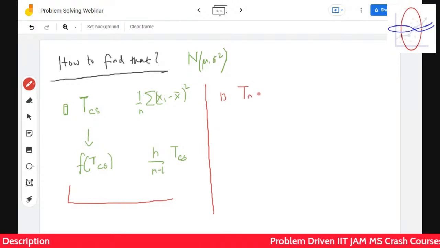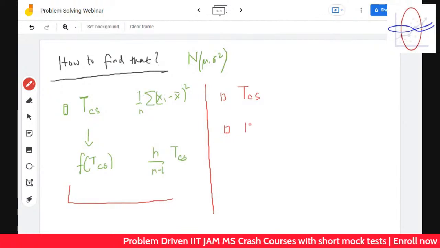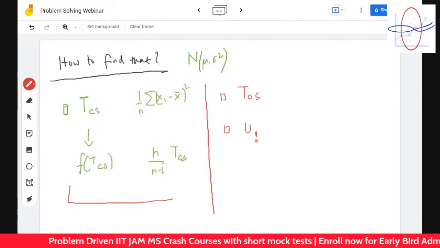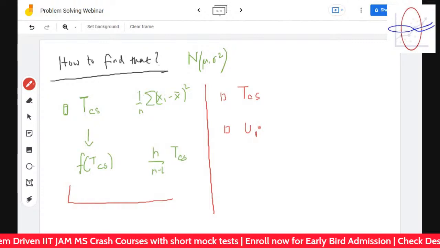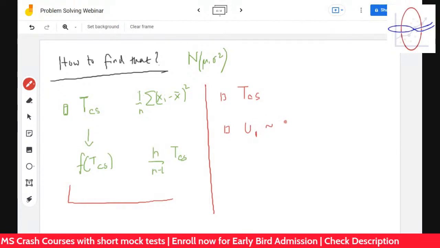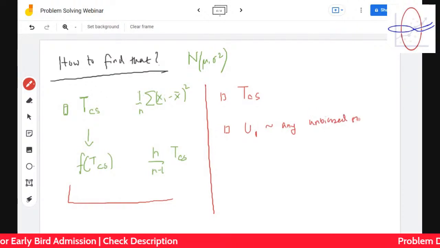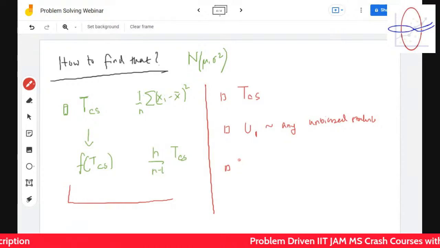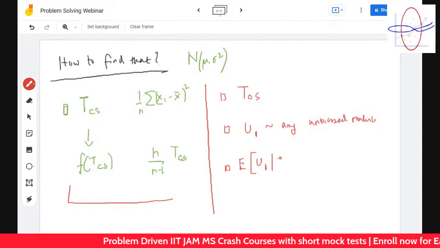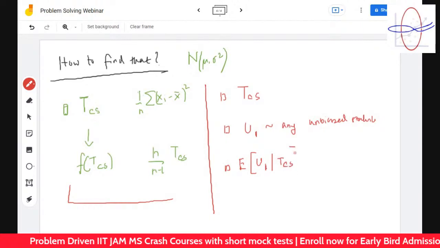You find T_CS and you find out U1, any unbiased statistic of g(theta). And what you do is that you find expectation of U1 given T_CS.